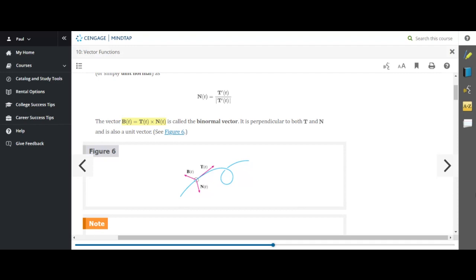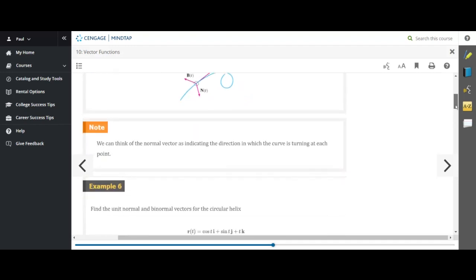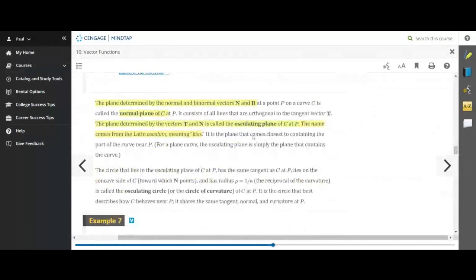Okay, well, then let's go back to our reading here. Now, another important plane is called the osculating plane. Osculating means to kiss in Latin. That plane is determined by the unit tangent and unit normal vectors.